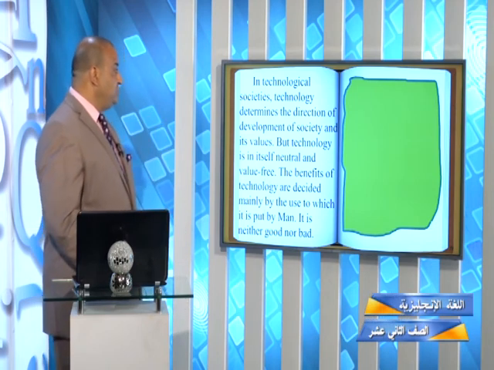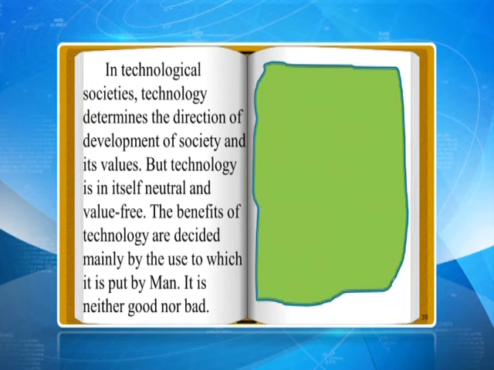In technological societies, technology determines the direction of development of society and its values. Maybe the word values here is very important. Okay, so put it in your head to be translated before giving the whole translation. But technology is in itself neutral and value-free.